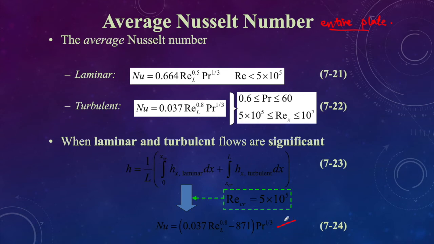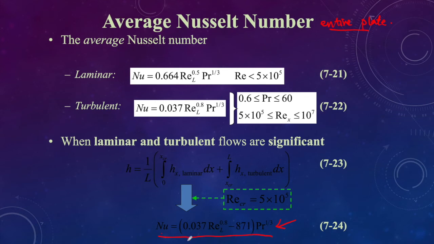This equation for laminar and turbulent flow is significant. In the books, the authors always use this equation. Why?